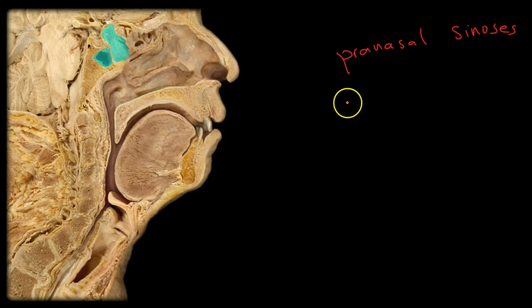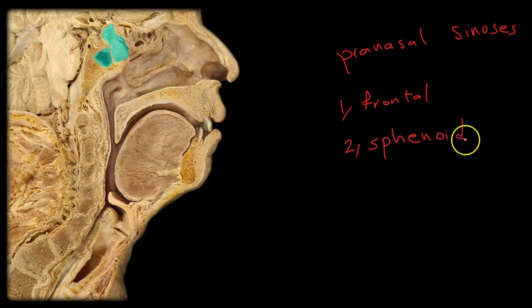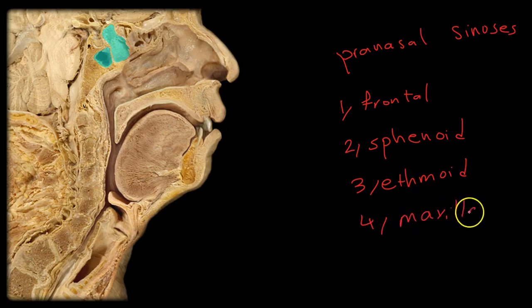There are 4 bones which have paranasal sinuses: the frontal bone, the sphenoid bone, the ethmoid bone, and the maxilla bone. So it means that we have the frontal sinus, sphenoid sinus, ethmoid sinus, and maxillary sinus.